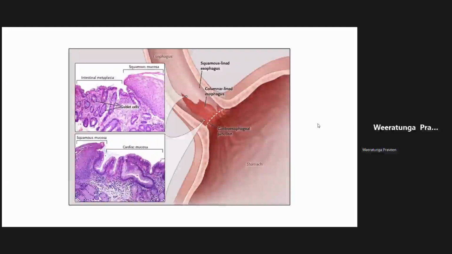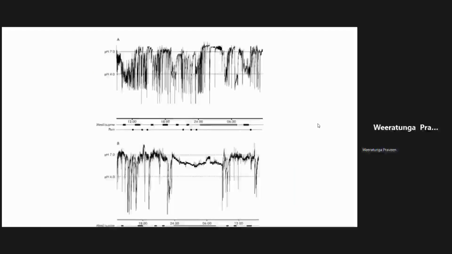Sometimes when the reflux becomes difficult to control with medication, we use pH monitoring, which the trace looks something like this, to assess how bad it is, and these patients you would refer for more intensive invasive interventions. So it's not essential for diagnosis, but it is something you do in patients who do not respond to medication. And remember, you can diagnose GORD predominantly on a clinical basis.